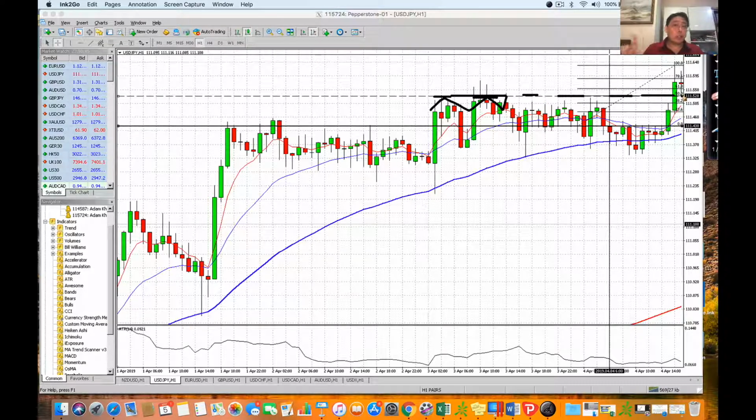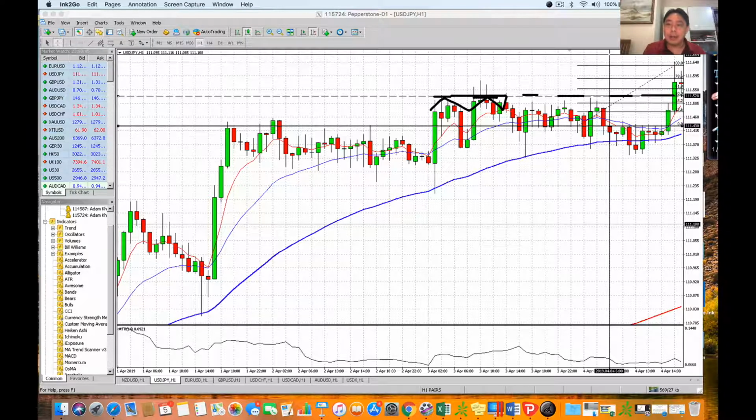Okay, so always ensure that when it retraces to the 50% level where you're going to buy, that buy area should be a level of significance as well. That means it should be a previous resistance that has become support, and at least a 1 ATR pullback.